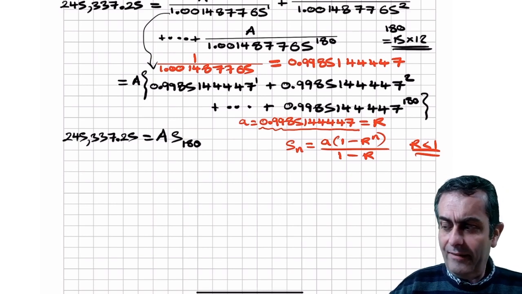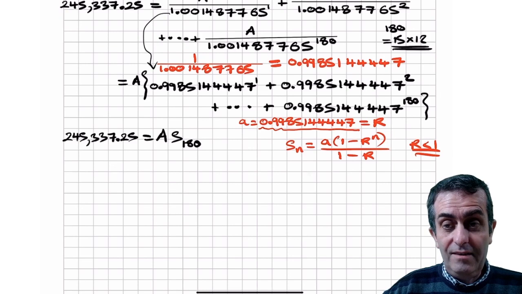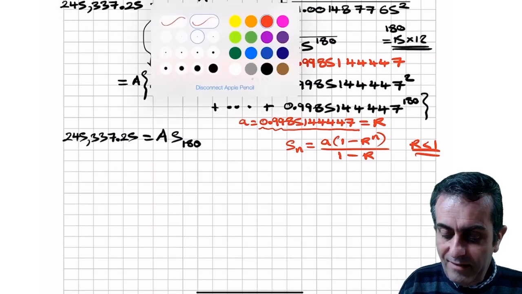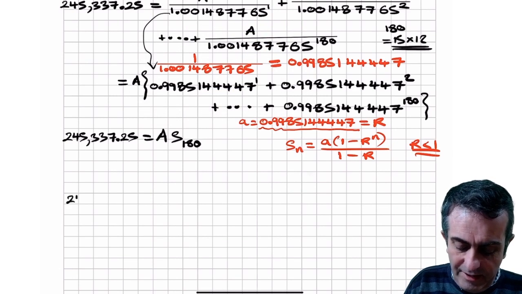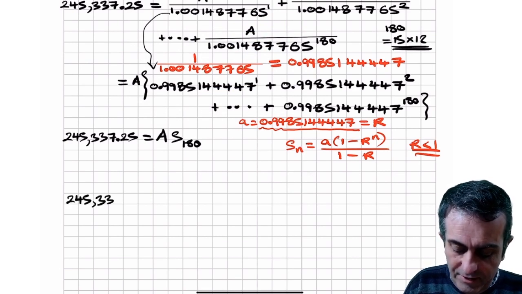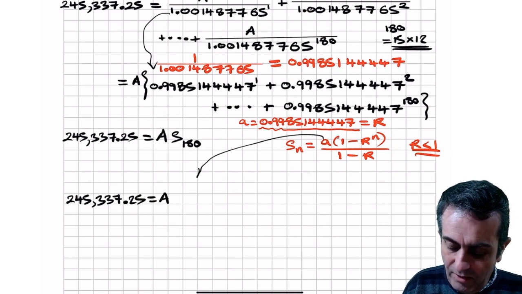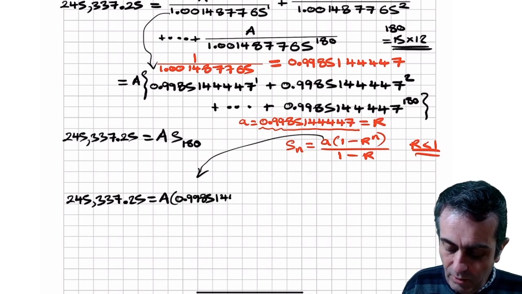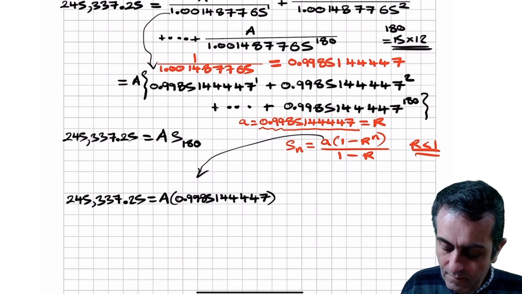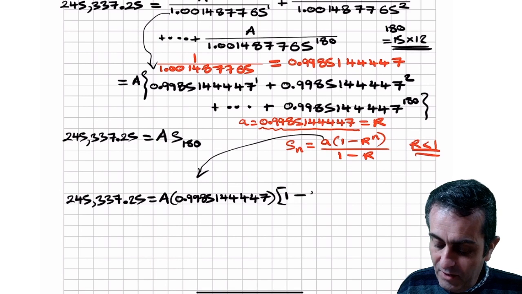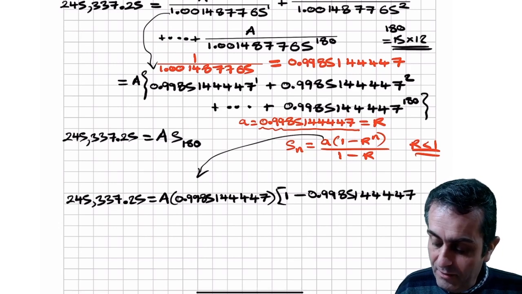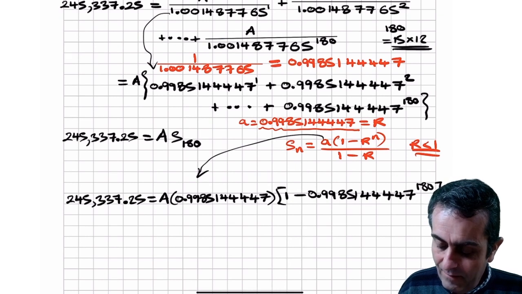Okay, so on the next line then, we literally just put the numbers into the formula. So what we have next is that 245,337.25 equals capital A multiplied by small a, which is 0.998514447, into 1 minus r to the power of n, which is 0.998514447 to the power of the number of terms, which is 180.